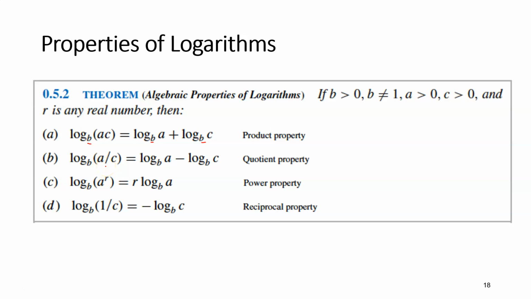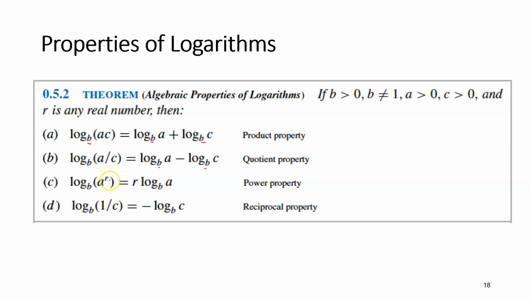Log A over C is actually, you can write it down using log A minus log C. So the divide becomes minus. Dengan syarat base dia mesti sama. And log A to the power of R base B.